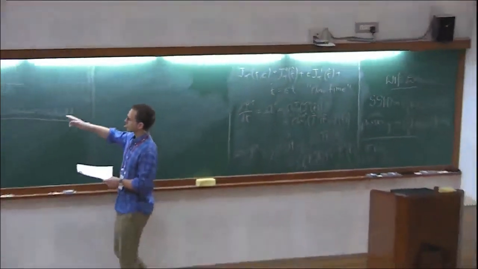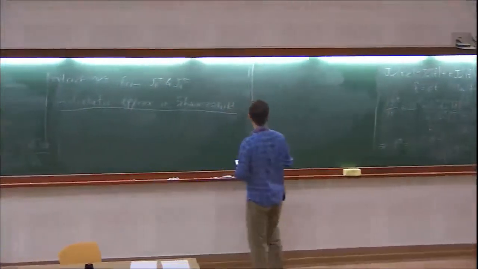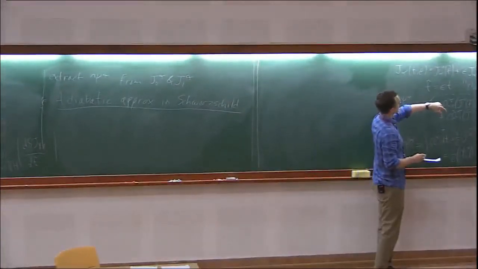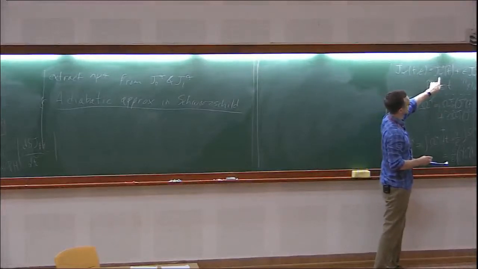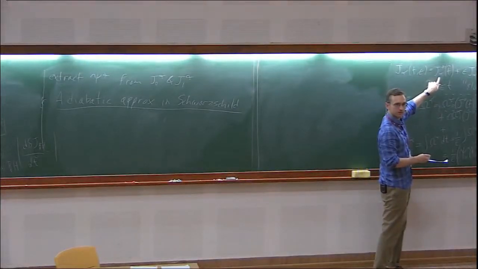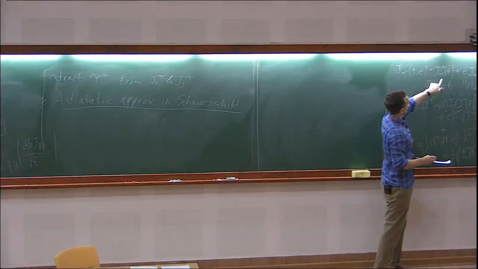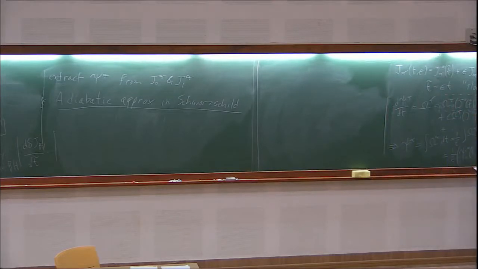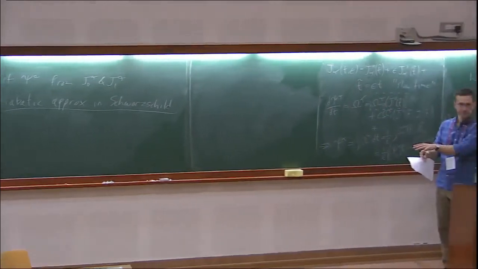Okay, the reason we're going to restrict to Schwarzschild is that the adiabatic approximation in Kerr requires the evolution of the Carter constant. And to figure out how that evolves, you actually need to go into the equation of motion with self-force, which we haven't actually written down explicitly yet.